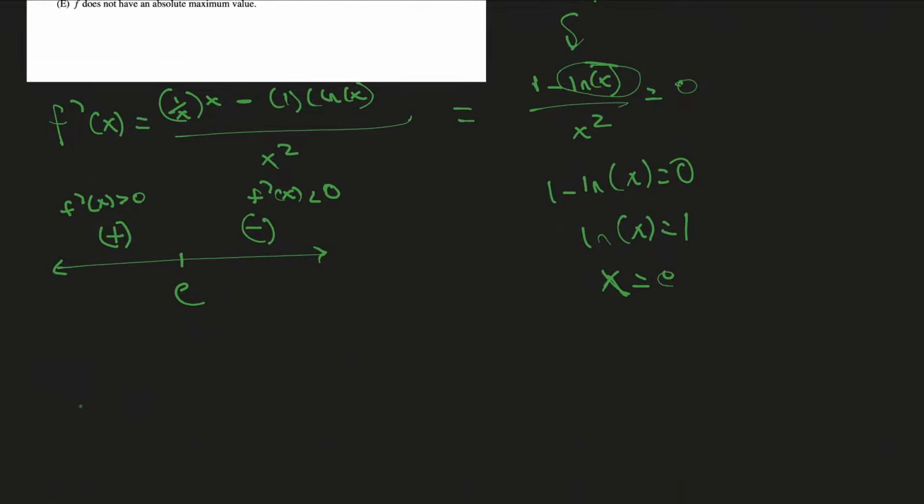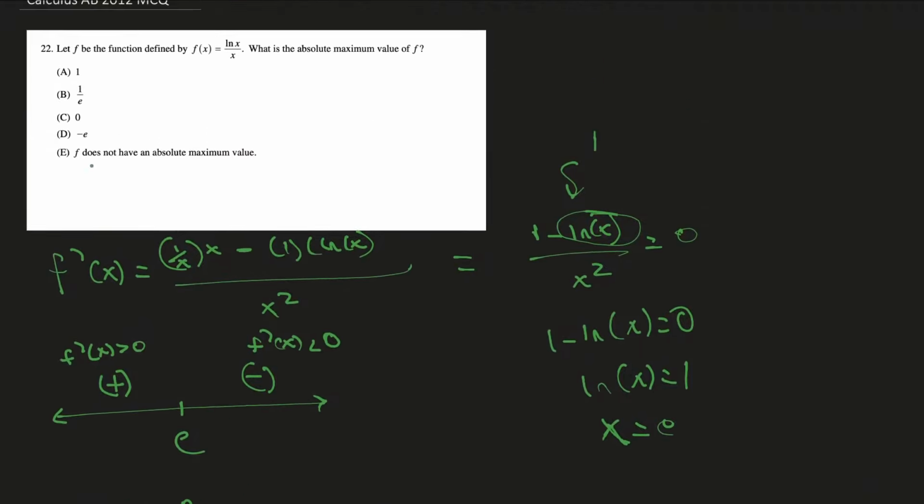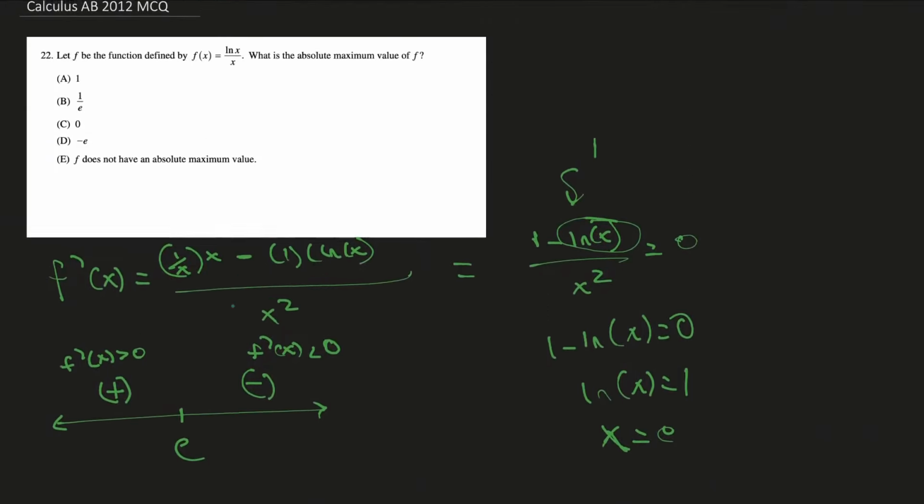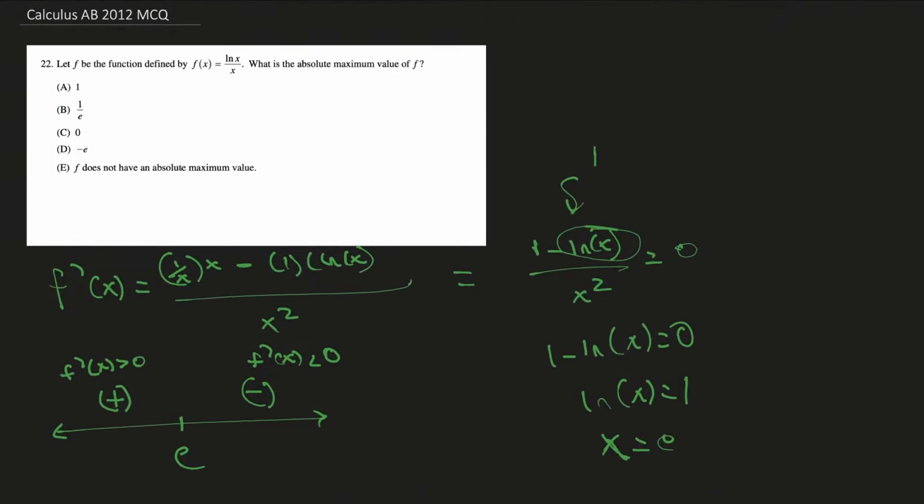So the behavior of f of x would be going up to e and then coming down. This would mean that there was an absolute maximum value at x equals e. Now the question is asking what the absolute maximum is.